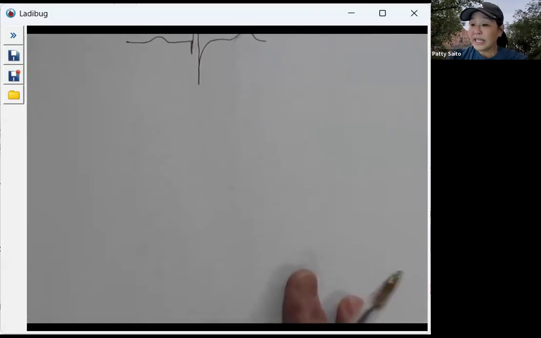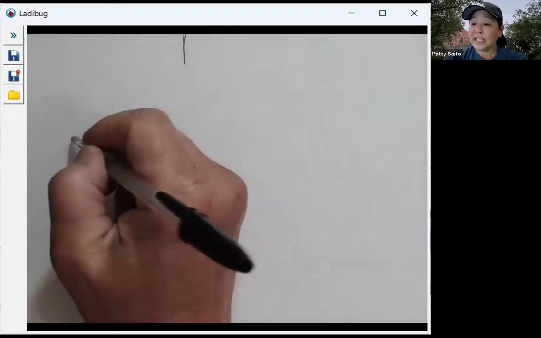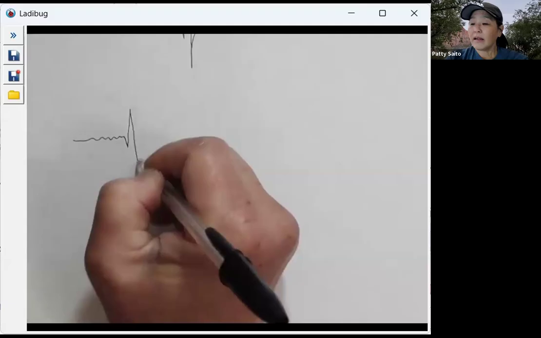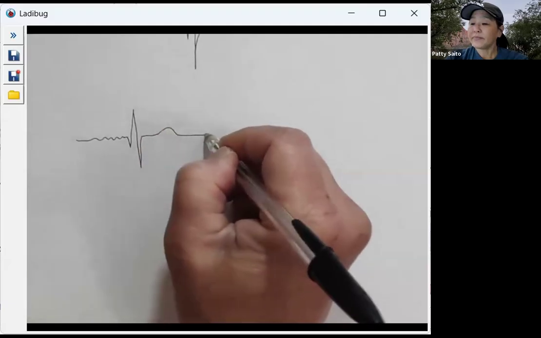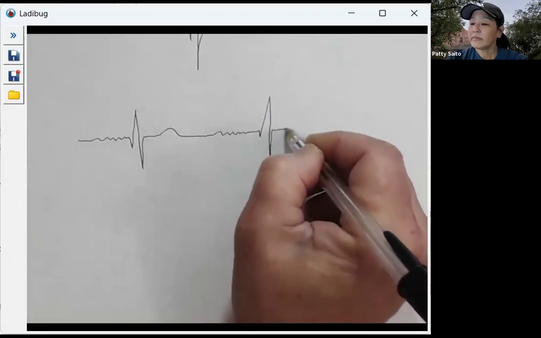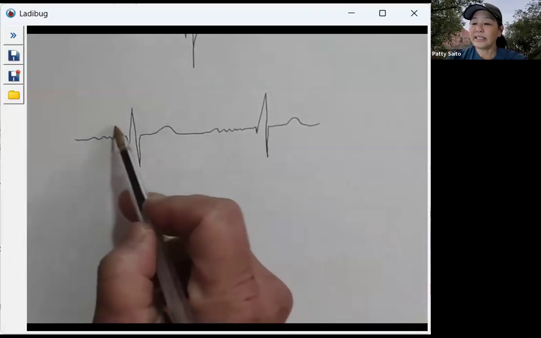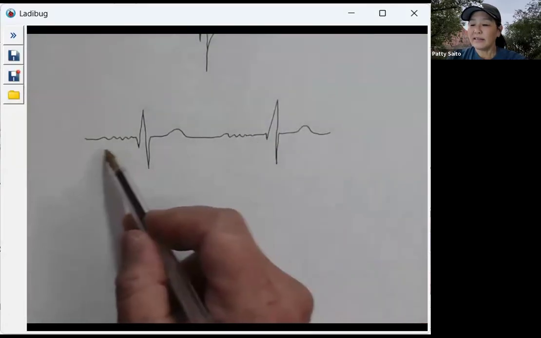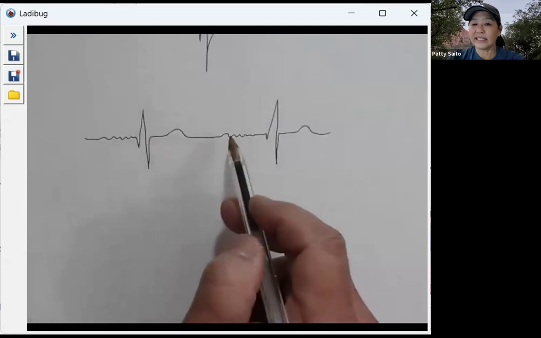All right, what's happening when an EKG looks like that? What is this? There is no P wave. You get little things like this.